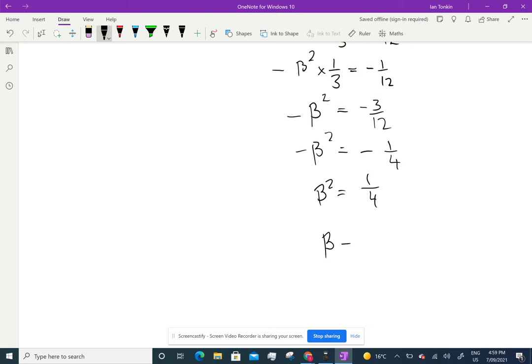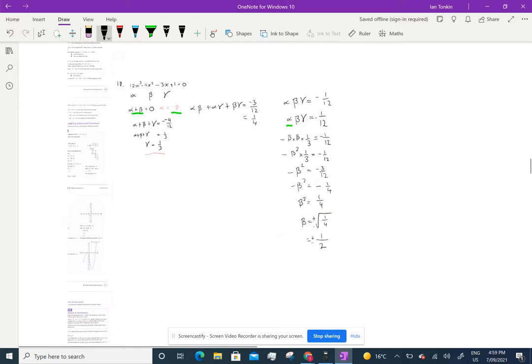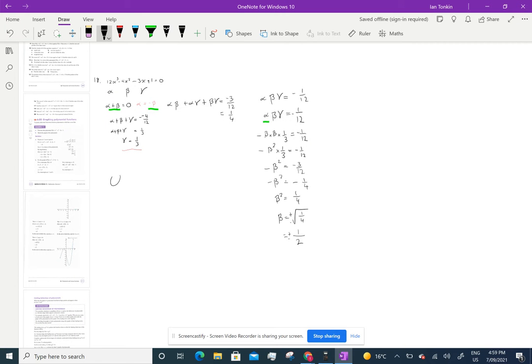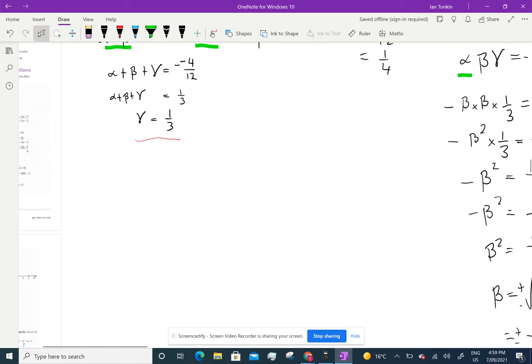So beta equals the square root of a quarter, plus or minus. The square root of 1 is 1, the square root of 4 is 2, plus or minus a half. Now, so my roots are, I'll make it a bit bigger. So, if beta equals a half, well then alpha equals negative a half and gamma equals a third.